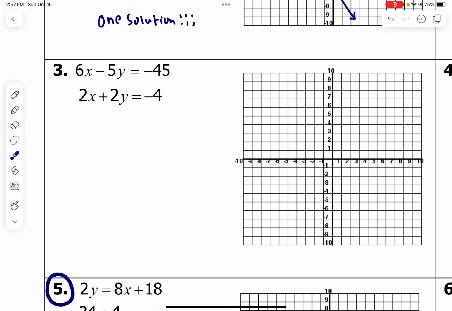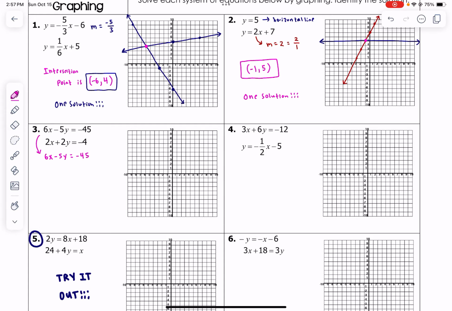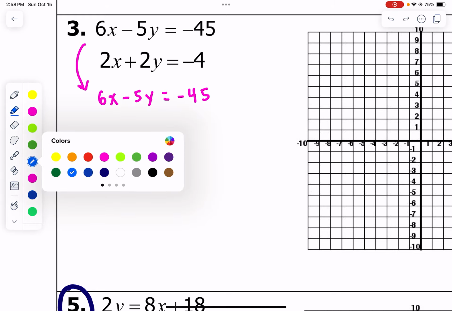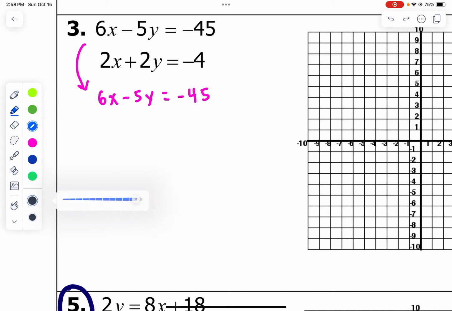So let's look at this first equation that they give us. 6x minus 5y equals negative 45. For these, I highly recommend you solve for y. So let's go ahead and do that.